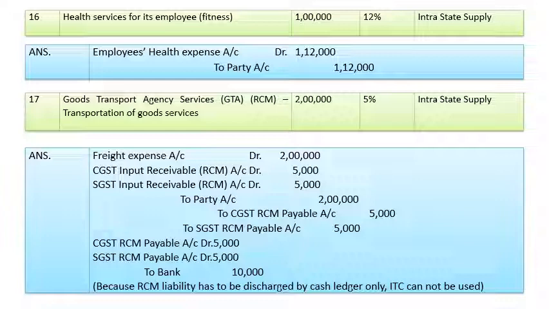So CGST RCM payable account debit 5,000, SGST RCM payable account debit 5,000, to bank account 10,000. Instead of bank account, you can also write electronic cash ledger account 10,000. This way we can pass the entry of RCM. In reverse charge mechanism, you have to pass two entries.